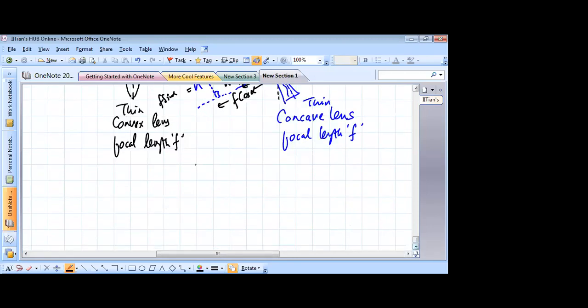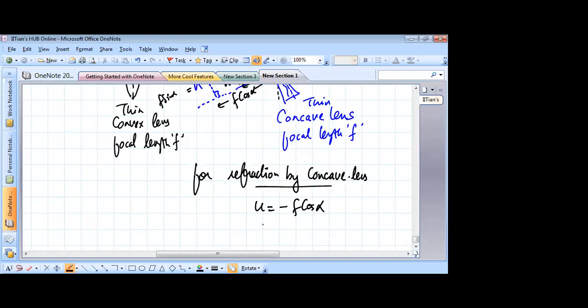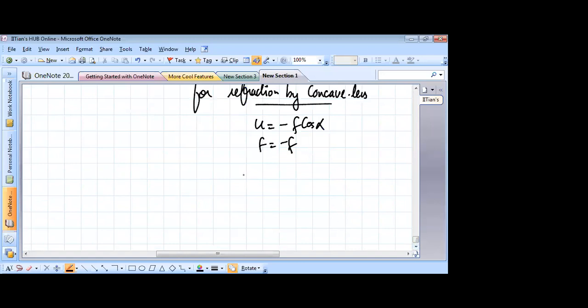So we'll see for refraction by the concave lens, we have to take u as minus f cos alpha and f as minus f. Yeah, you can approximate the values of sin alpha and cos alpha.